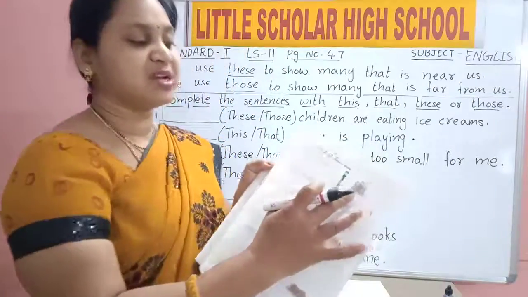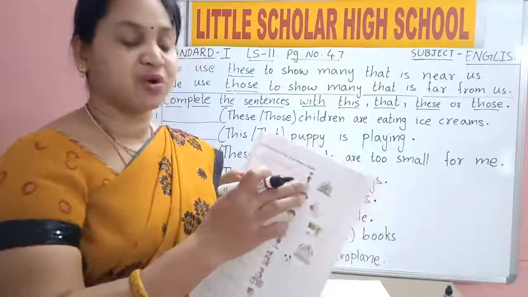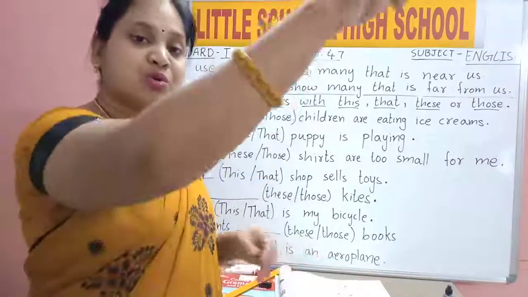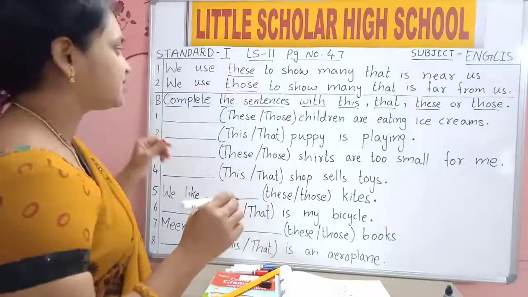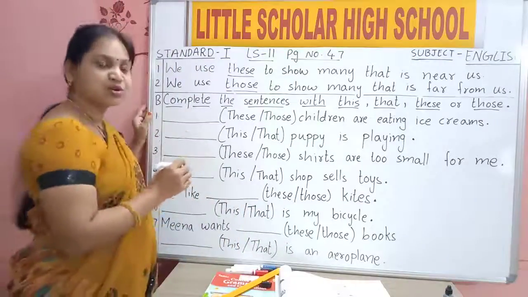Now, dash children are eating ice cream. Yes, here many children are sitting and eating ice cream. So he is pointing and saying those children are eating ice cream. So which is the correct one here? Those.